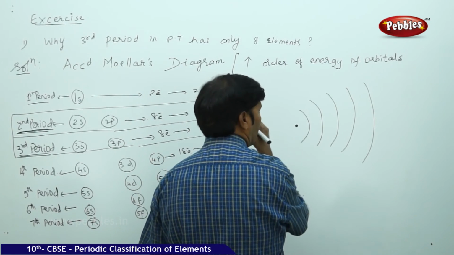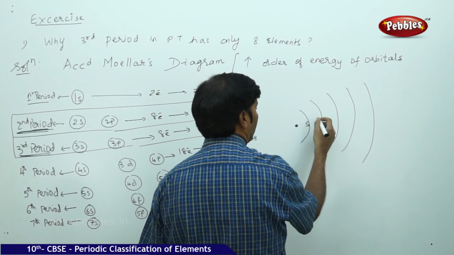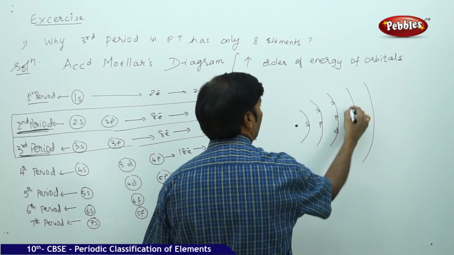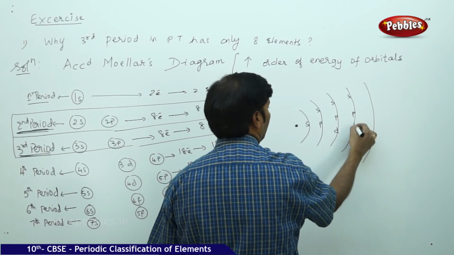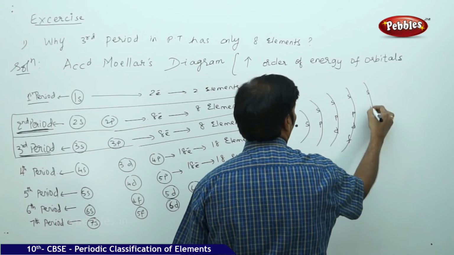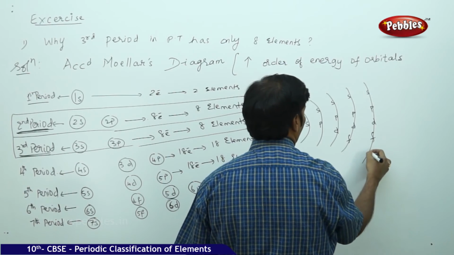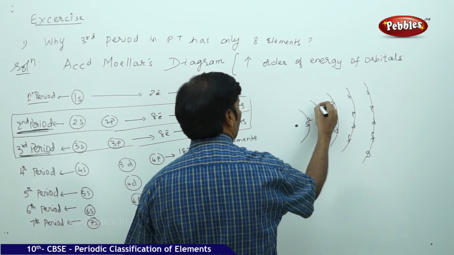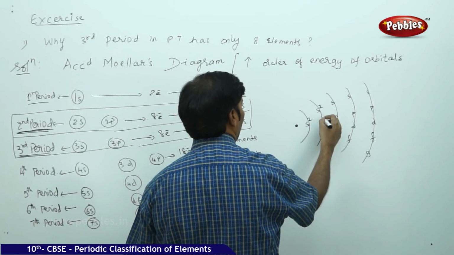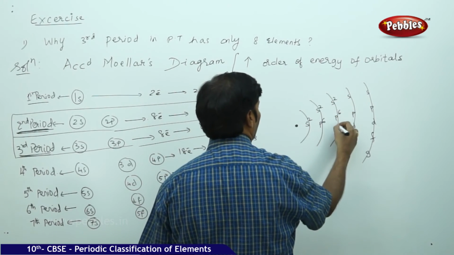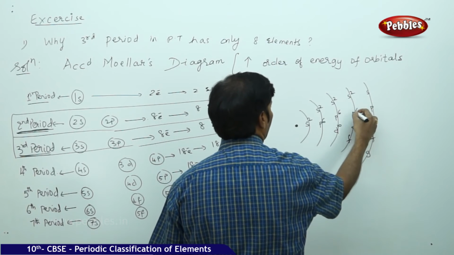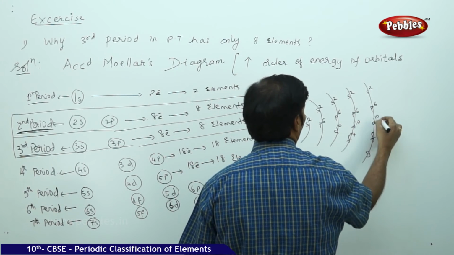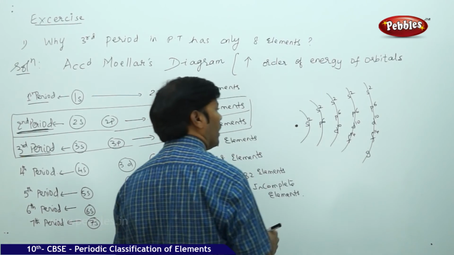The first shell contains s orbital, second shell contains s and p, third contains s, p, d, fourth contains s, p, d and f. The s orbital can accommodate 2 electrons, p orbital can accommodate 6 electrons: 2, 6, 10, again 2, 6, 10, 14, and so on.